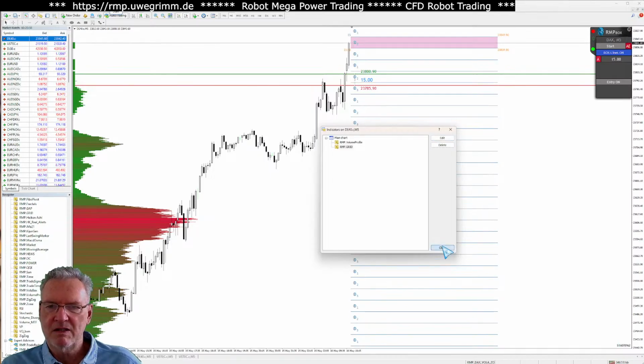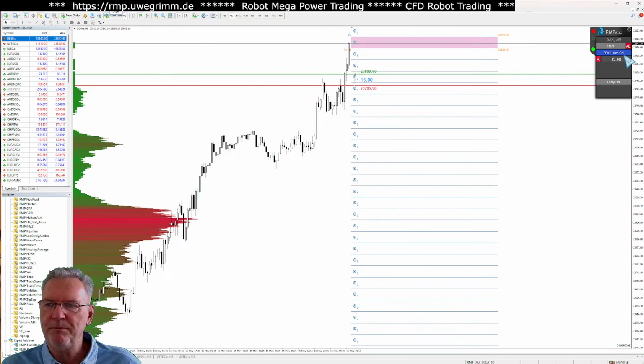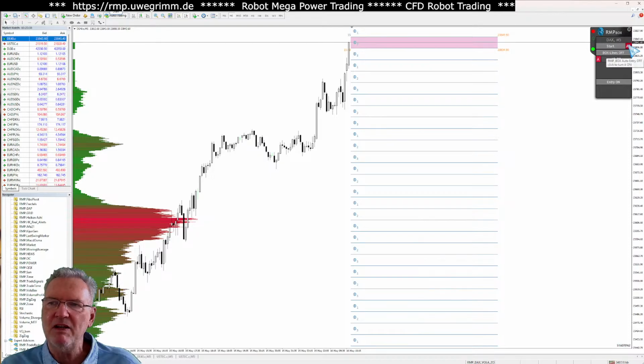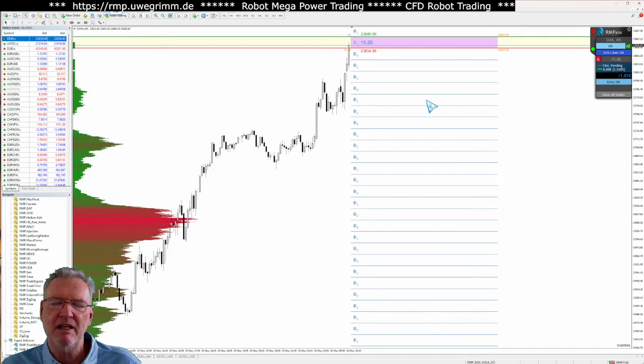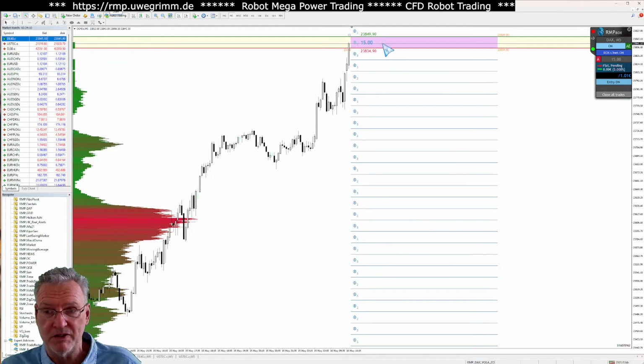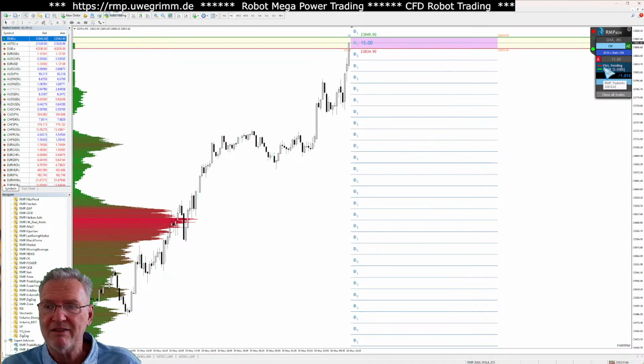So when we click on this button, we have directly the entry. When we click here, it's directly entering. And when we are in the range of the market, we get directly flat pendings.